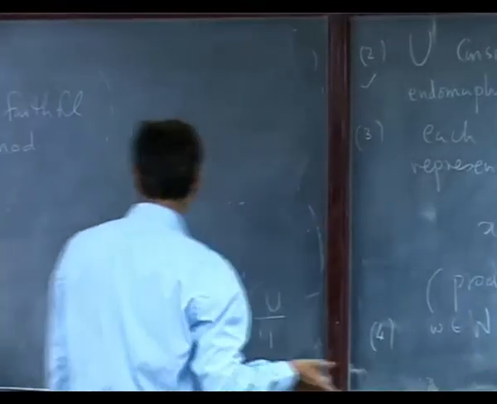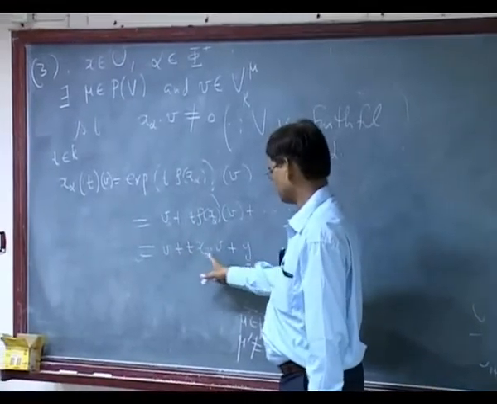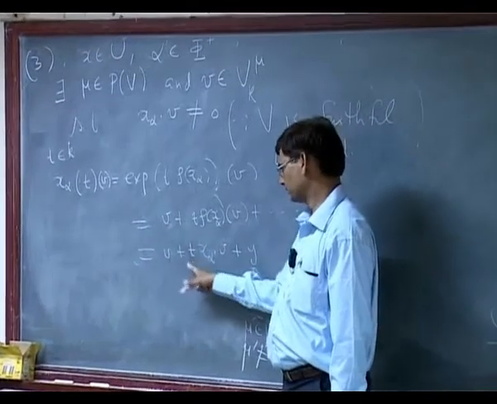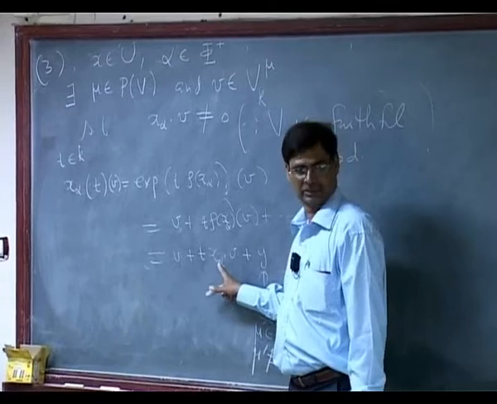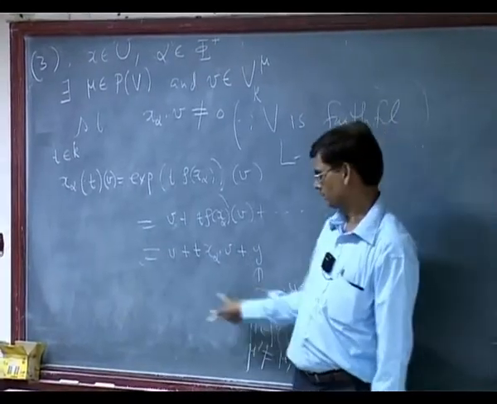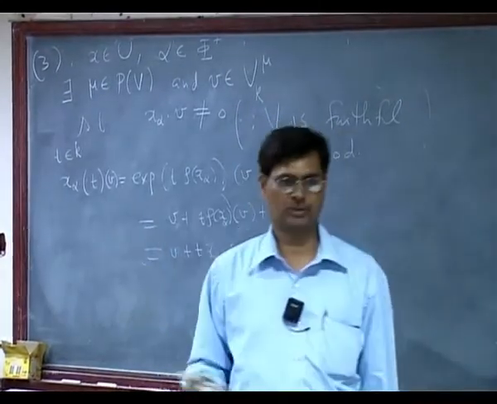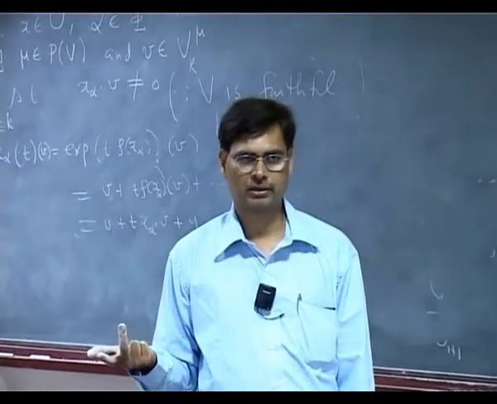In one of these expressions you will get v plus t1 times x_alpha v, and in the other expression you will get v plus t2 times x_alpha v. I do not care about the other terms, but since these are vectors from distinct eigen subspaces, they will be linearly independent. So, you are done.